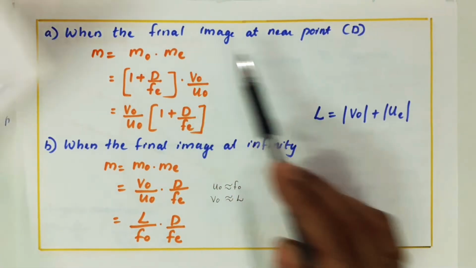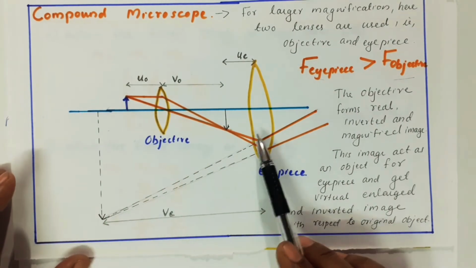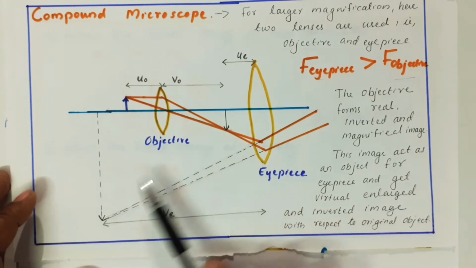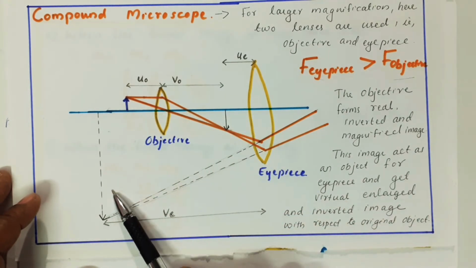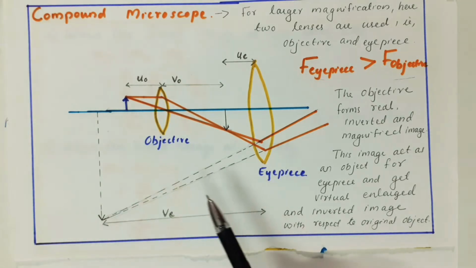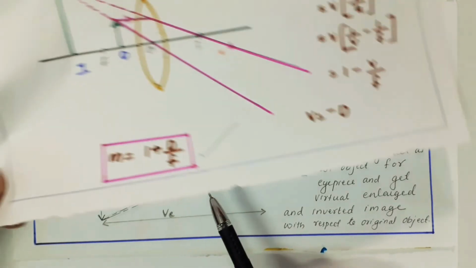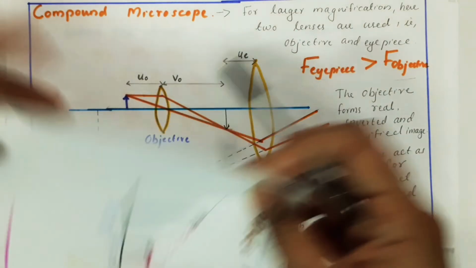ME, if you see this diagram, you can see that we are getting a virtual image, right? This is similar to your simple microscope equation. This is similar to your simple microscope case. That means this one. Okay, they just gave it like this.